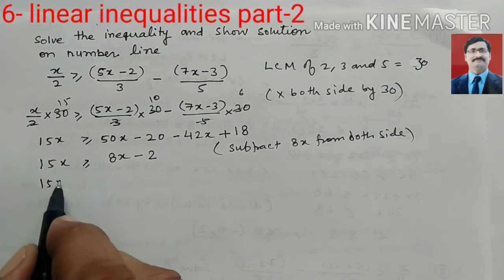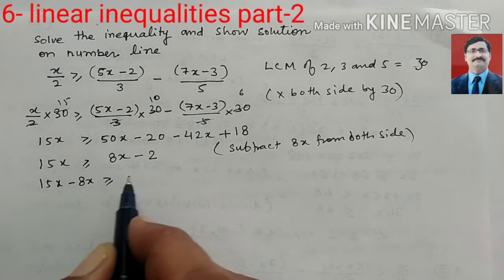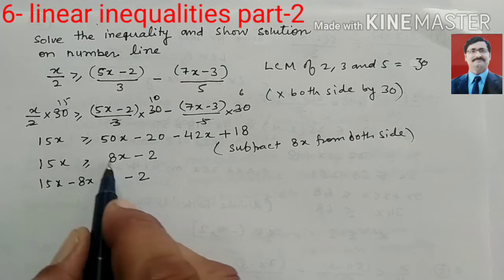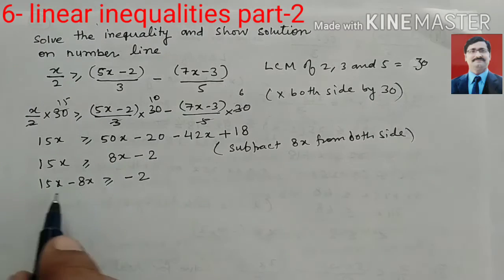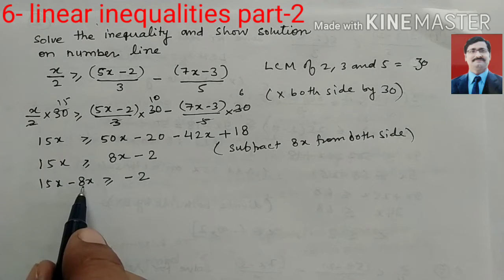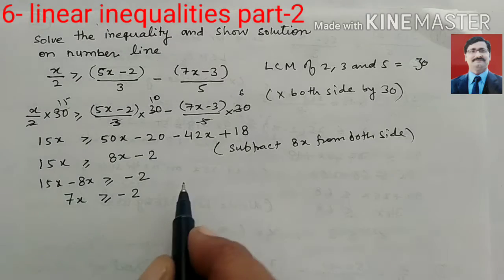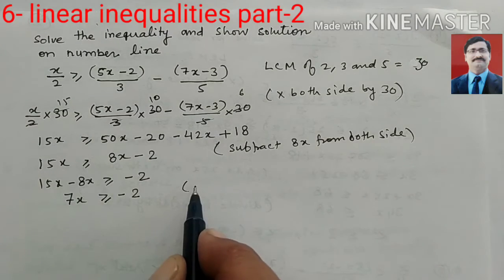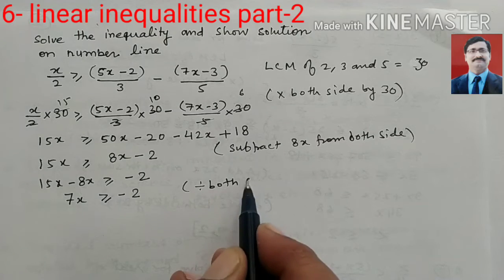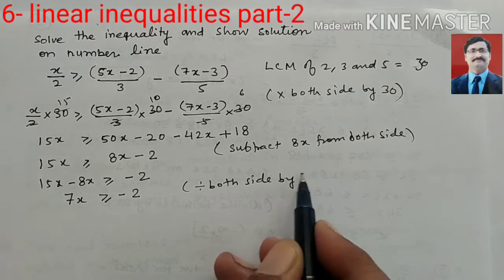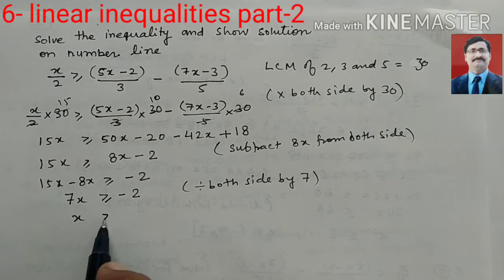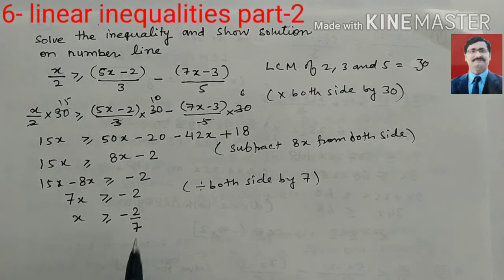So 15x minus 8x is greater than or equal to minus 2, and this cancels when we subtract. 15x minus 8x will be 7x, greater than or equal to minus 2. Now divide both sides by 7. So we get x greater than or equal to minus 2 by 7.